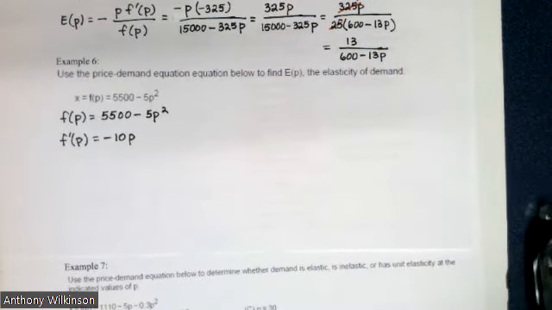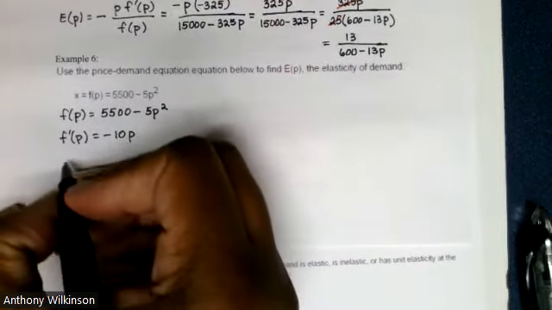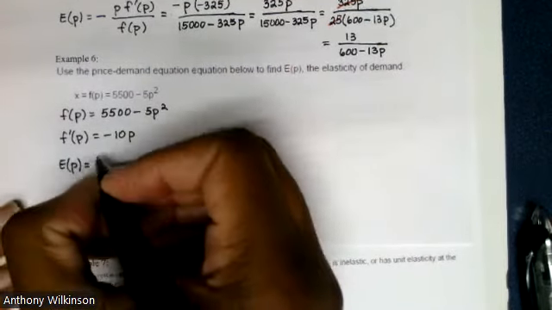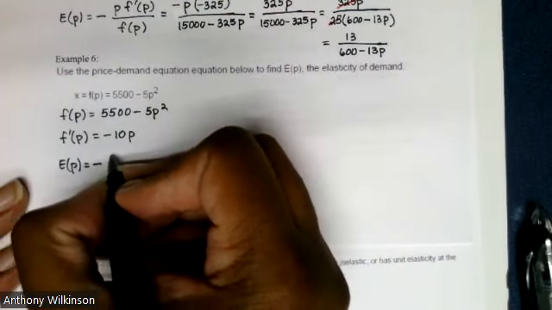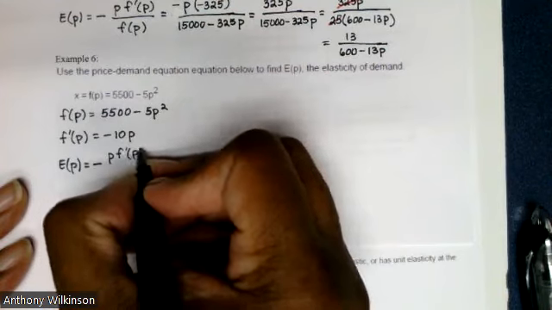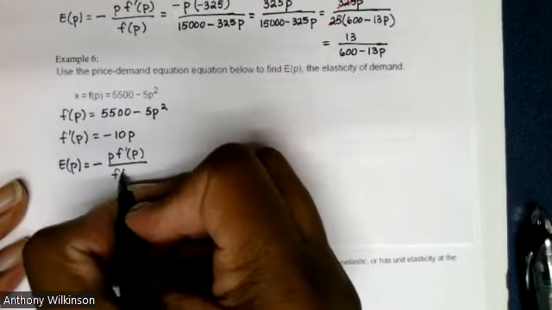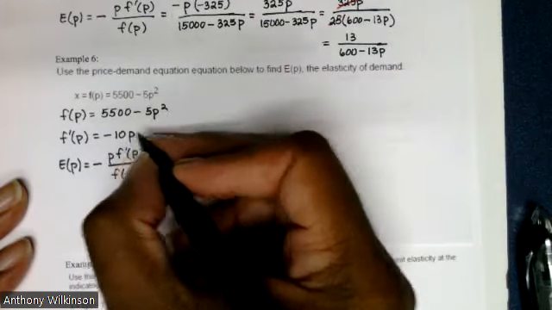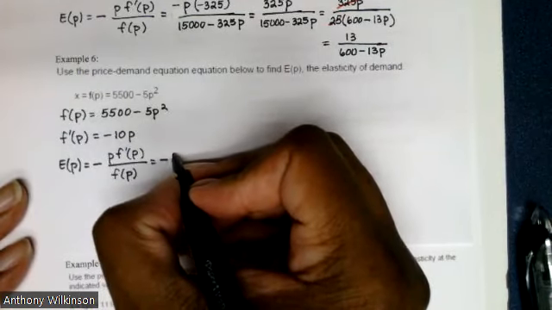And now if I do E of P, which is my elasticity function, that will be negative P times F prime of P divided by F of P.